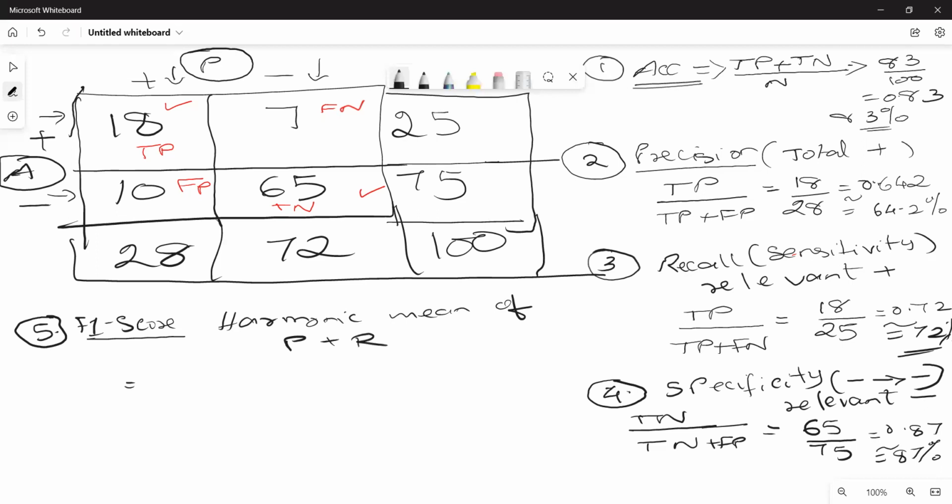Okay, so the harmonic mean formula is 2 times PR upon P plus R. So if you do this calculation, you get the F1 score of this model, which is a combination of precision and recall.